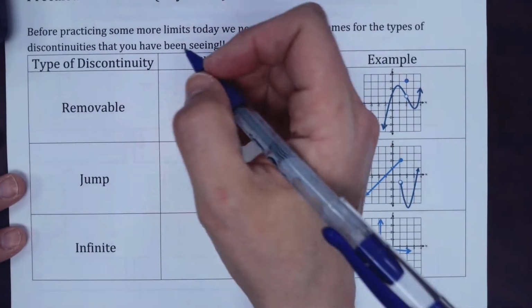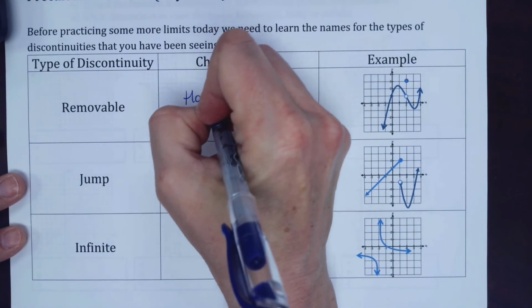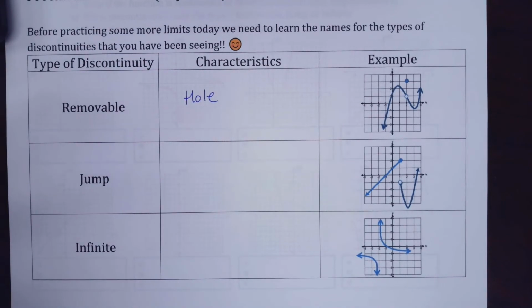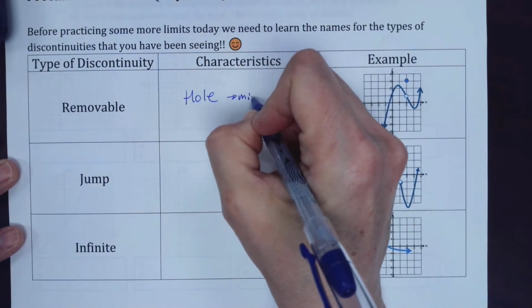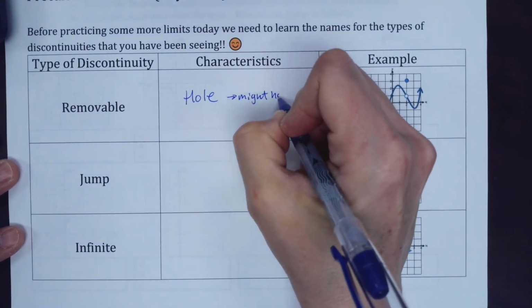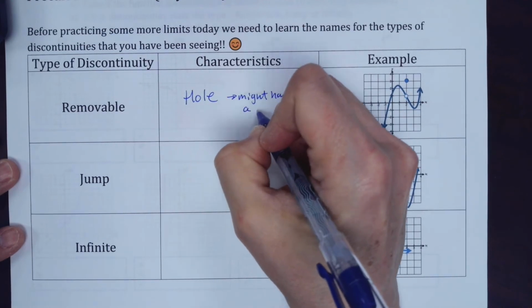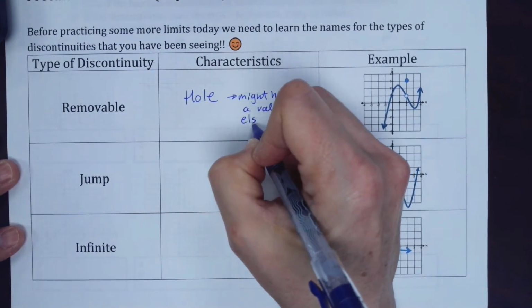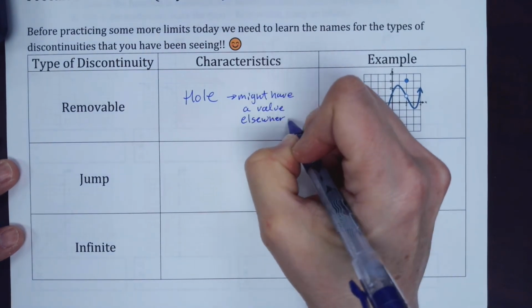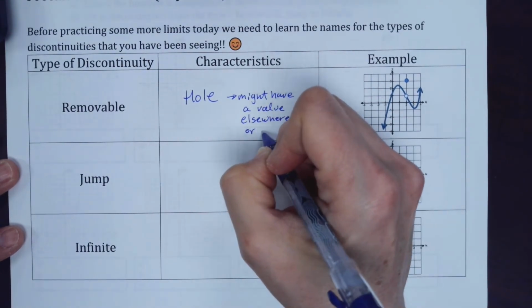So that's when you basically have a hole, right? So a hole in the graph, and that hole might have a value elsewhere, or it might not.